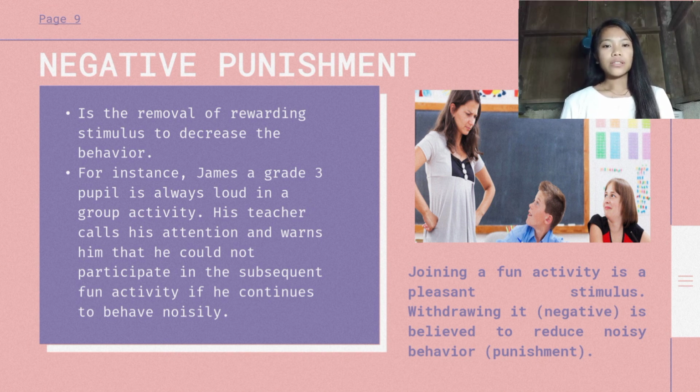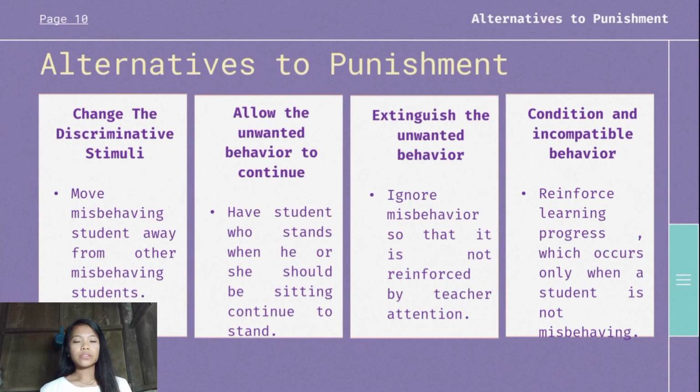Positive and negative punishment are both methods used by teachers to educate students about what they should do and what they should avoid. In order to strengthen their behavior, the teacher will add and take something as part of the punishment. Here are the alternatives to punishment. Change the discriminative stimuli: move misbehaving students away from other misbehaving students.